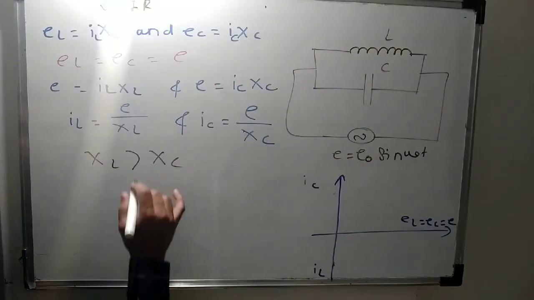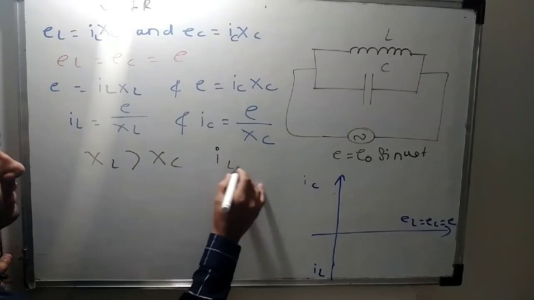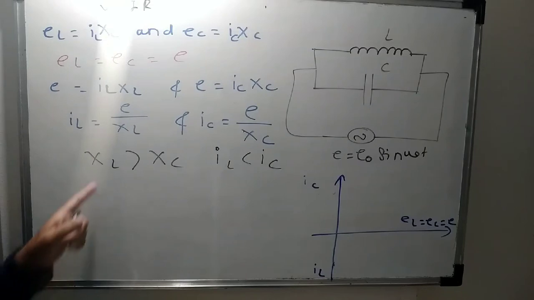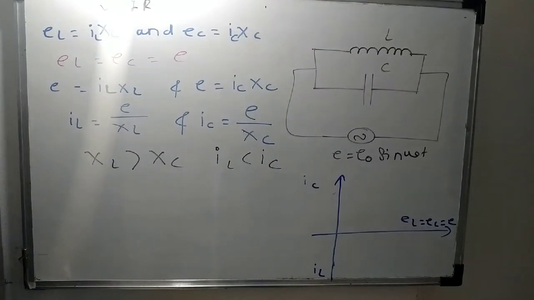In that case, IL is smaller than IC, because if the inductive reactance is greater than the capacitive reactance, then the current will be smaller than that of the capacitive branch.